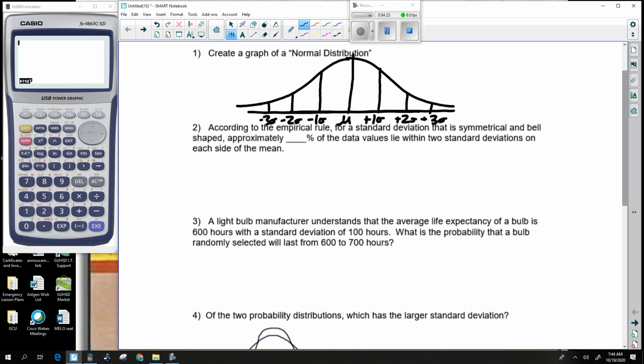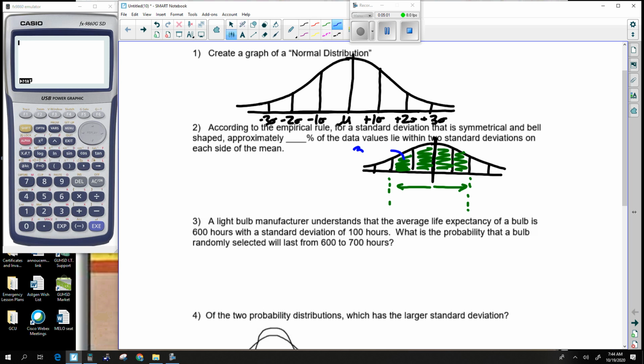All right, according to the empirical rule, what percentage lies within two standard deviations? So here we go. We have this empirical rule. If this is the average right in the middle, they want to know within two standard deviations. That means two standard deviations up and two down, so that is within 2 of the mean.